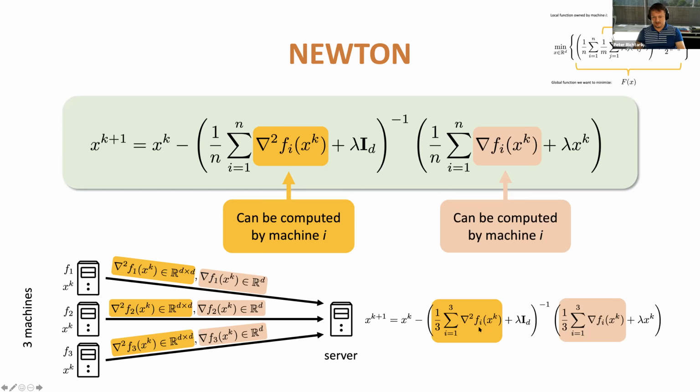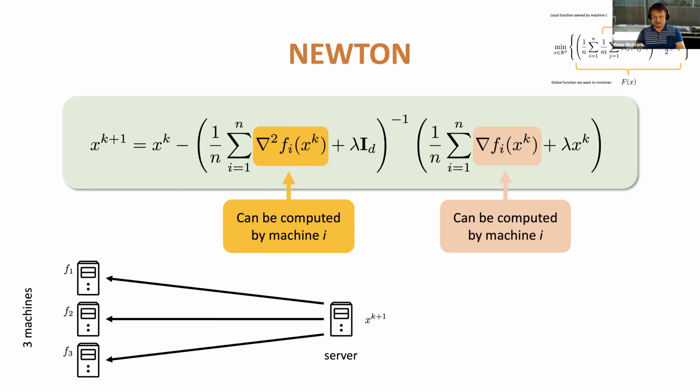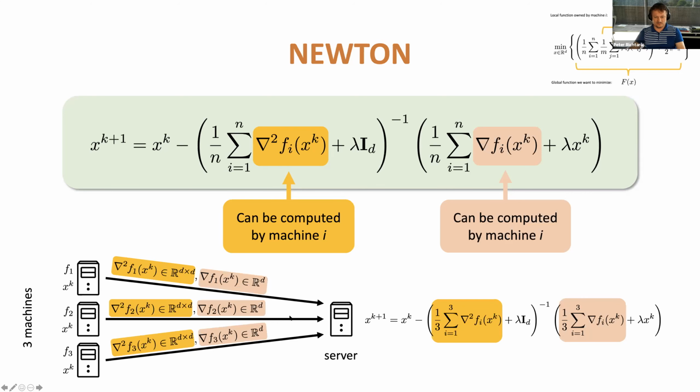Good. So now this is done by the server. Let's assume the server is powerful enough so that it can do it. So now the server computes XK plus 1 and sends this updated model back to the devices, and devices store these updated models, and this process is repeated. So all of this looks very nice, except it has this huge bottleneck compared to the gradient type methods which are used currently, and that is that one has to send these Hessians, which are really huge objects.